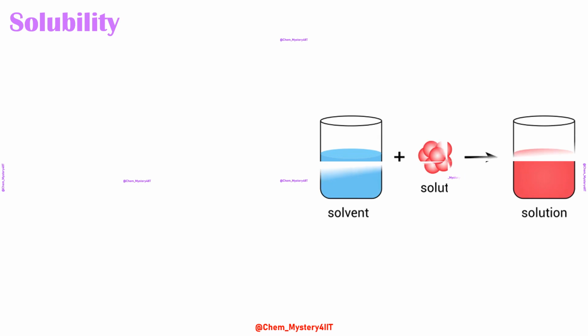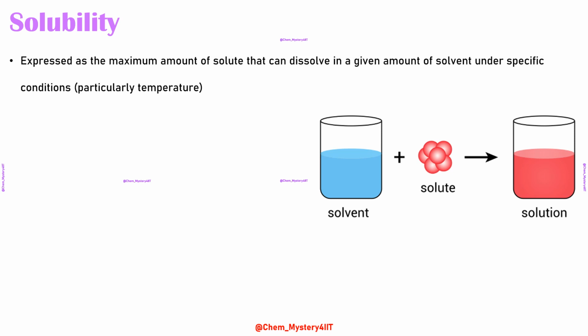Moving forward, we are talking about solubility first. What this means is very much clear. We have different situations. A number of times we represent solubility in grams per 100 ml of the solvent. We can define this as the maximum amount of the solute which can be dissolved in a given amount of solvent.